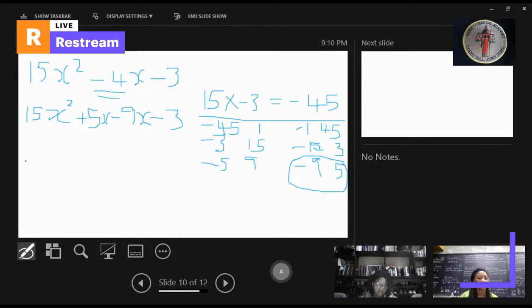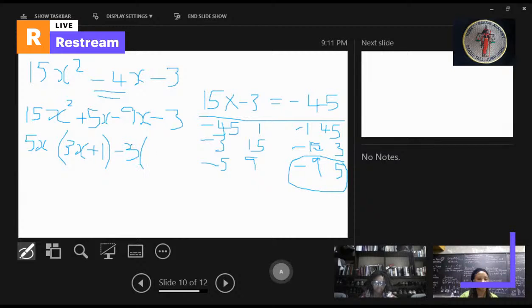So 5x can go into them both. 5x into 15x squared goes 3x. 5x into 5x goes 1 time. Negative 3 as the common factor.